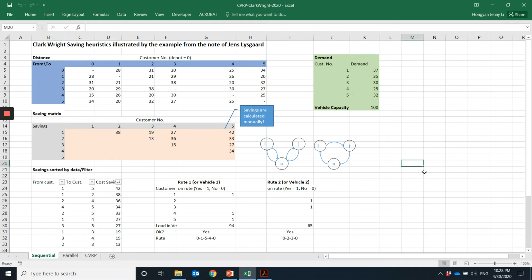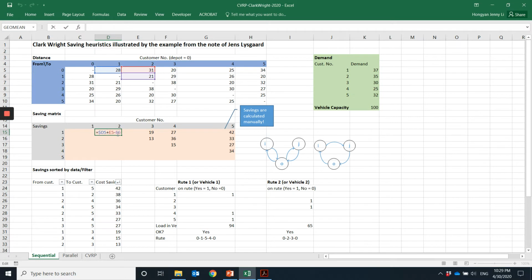Then, in order to implement the Clarke and Wright savings heuristic, first we need to calculate the savings matrix. Based on the idea in these two small figures, we can calculate the savings. For example, if we connect two customers, customer 1 and customer 2, you can see how much you can save.